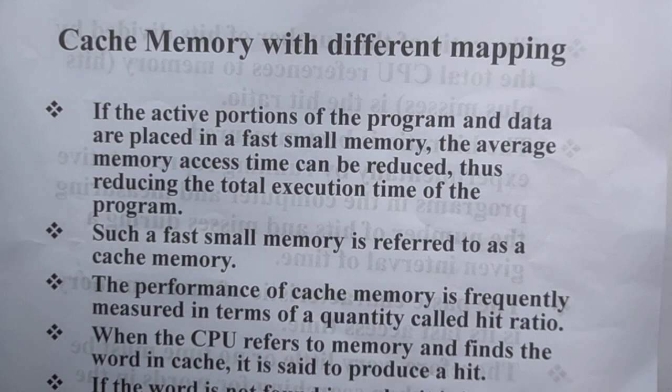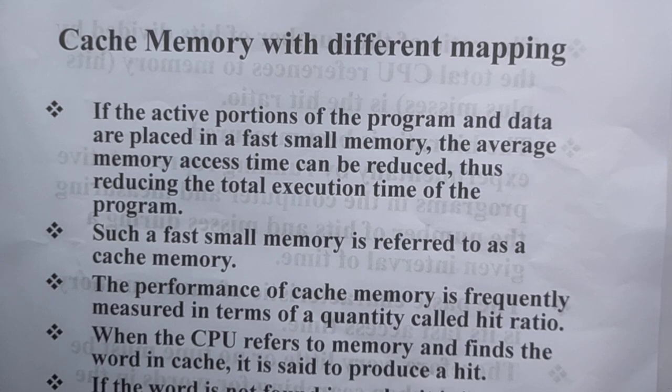From the point of view of fast data access we use cache memory, because it is a small memory. Whenever we search for any data in cache memory, we can immediately find out whether that data is available in cache memory.